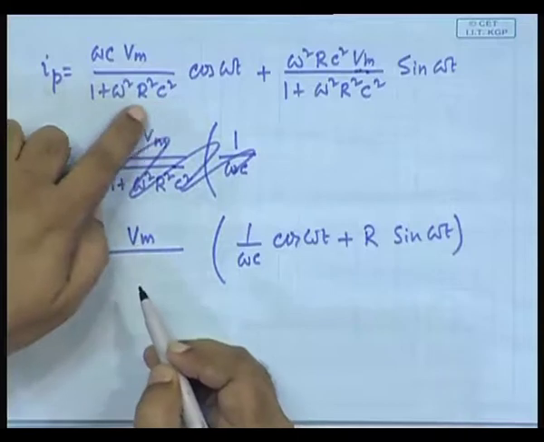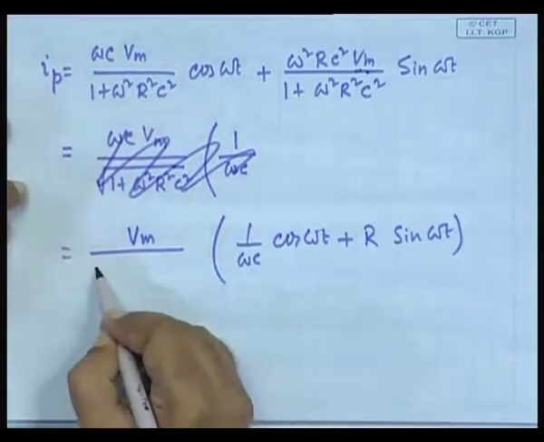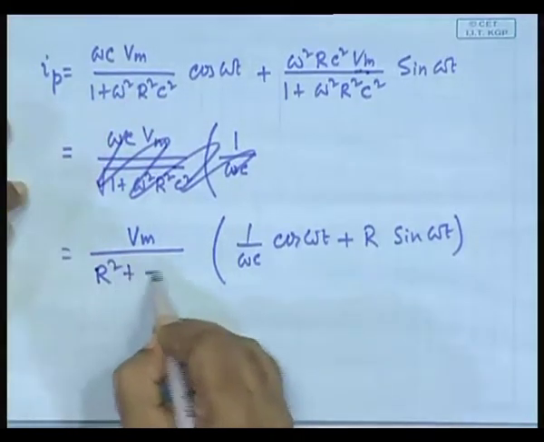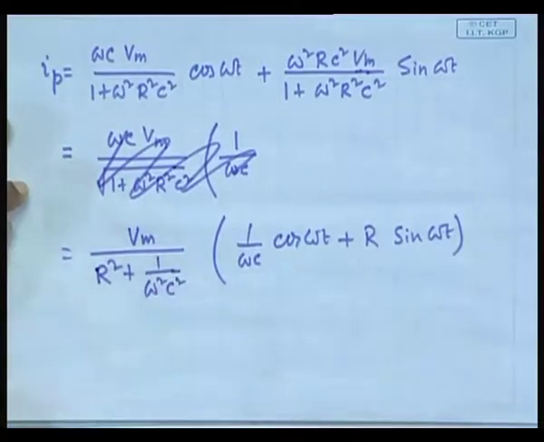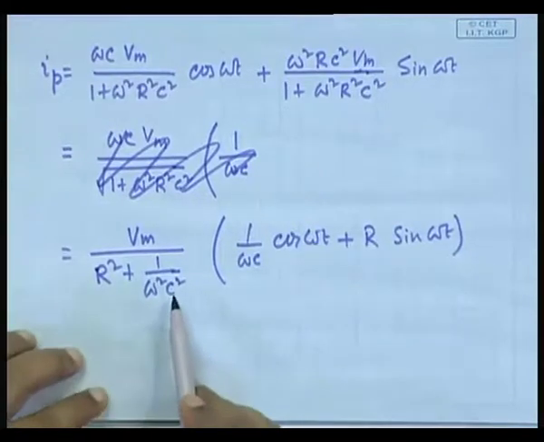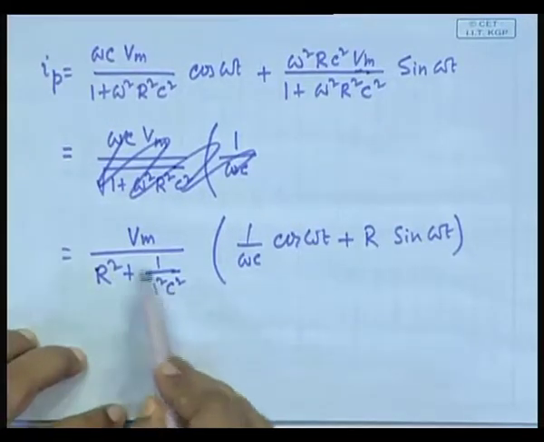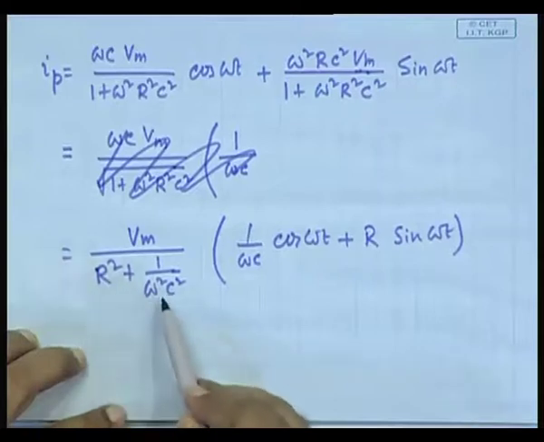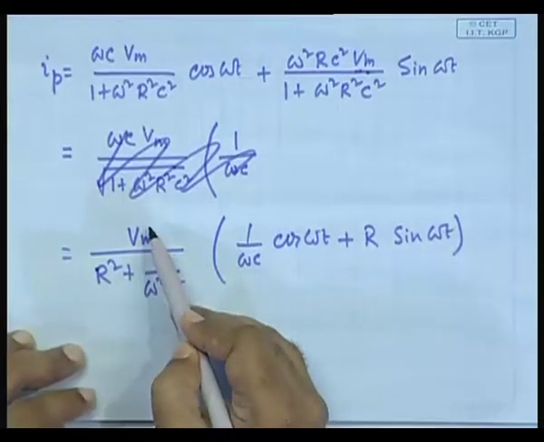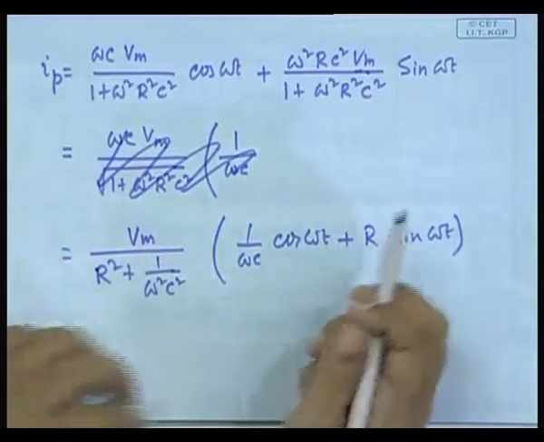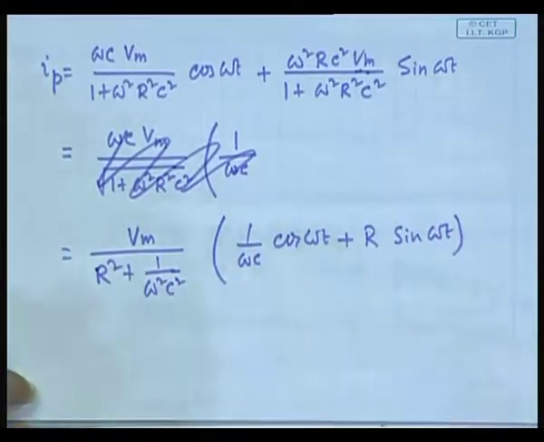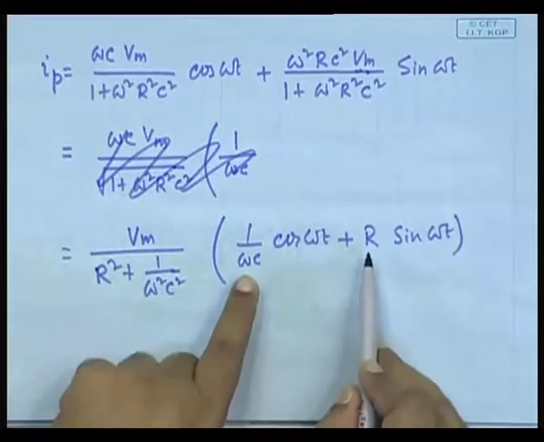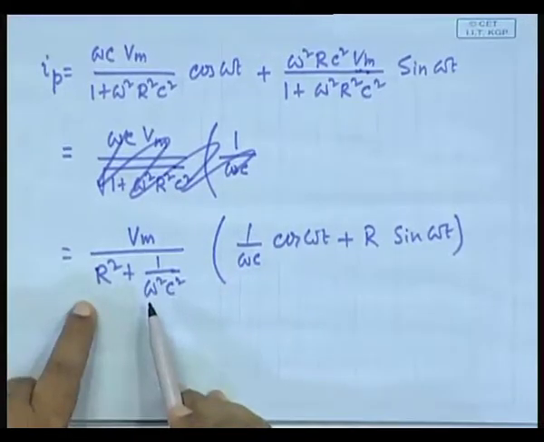So, divided by omega square c square, it becomes r square plus 1 by omega square c square. Check. Omega square c square goes above. So, that is what we have taken common. The advantage is that whatever appears here also appears here. That is what we wanted.